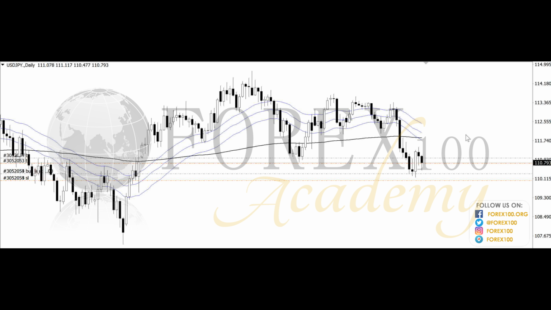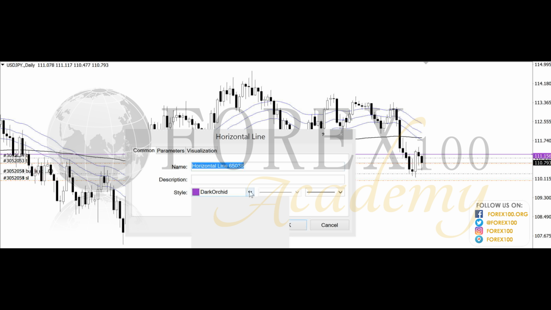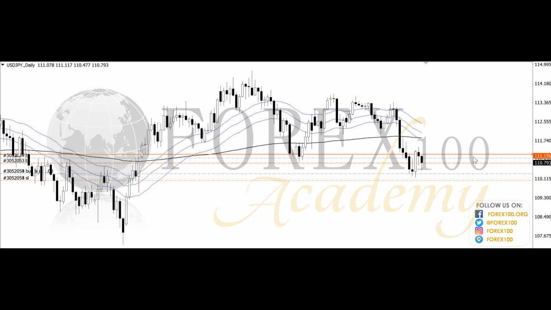You can certainly wait for a pullback up to this price, or even this price range itself, to look for a shorting opportunity, meaning you are looking for an opportunity to sell dollar yen. I'll be using the most recent one, the 111.28 range. This is the range I'm looking for a selling opportunity.